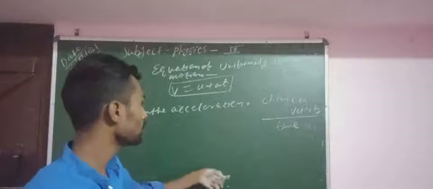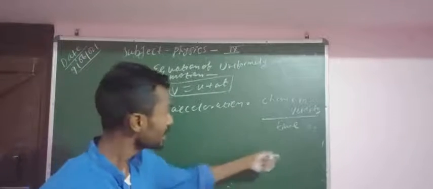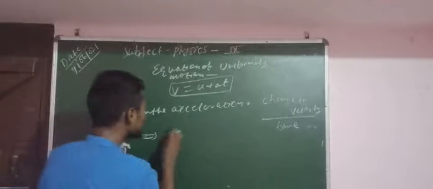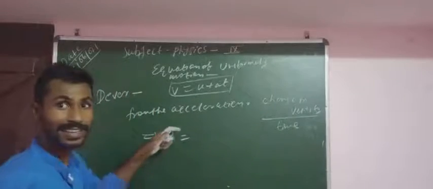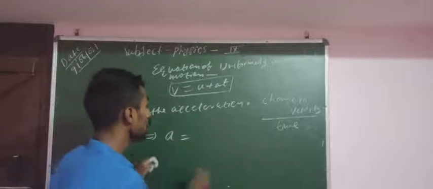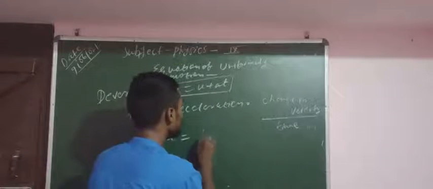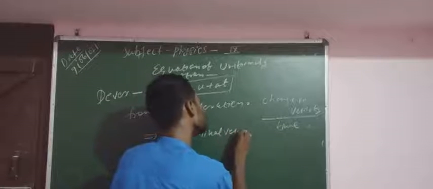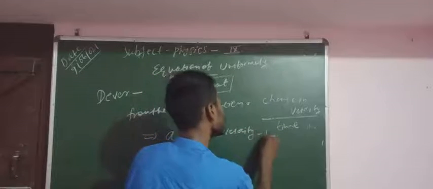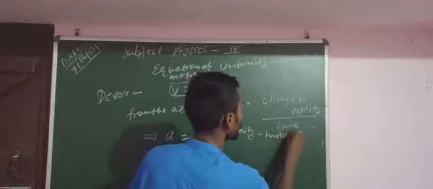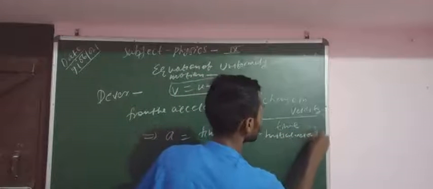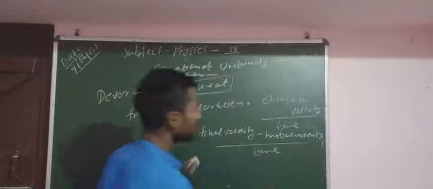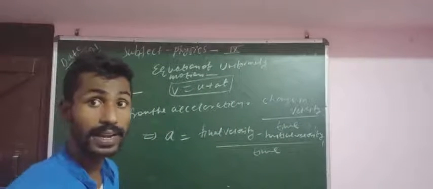Change in velocity means final minus initial by time. In the example of the train and the station, initially u and finally v. Acceleration is denoted by a, and a equals change in velocity, that is, final velocity minus initial velocity, by time.